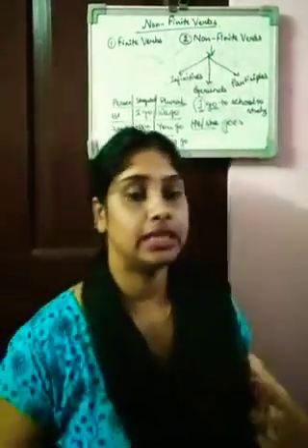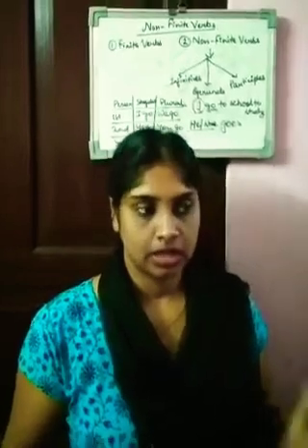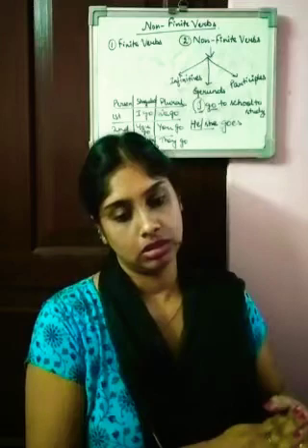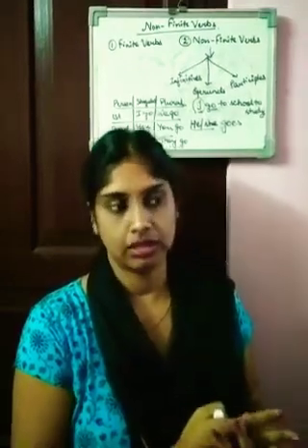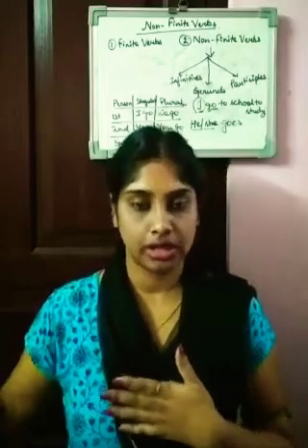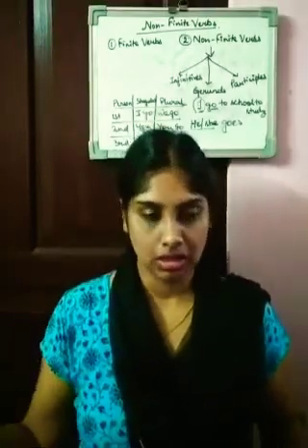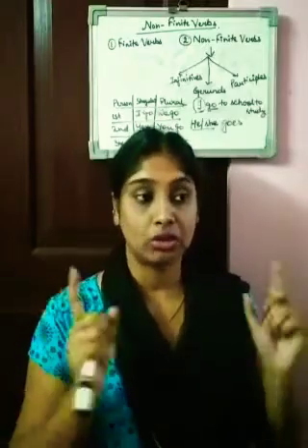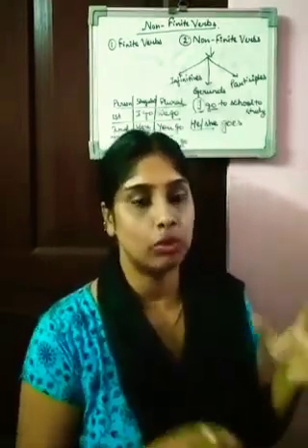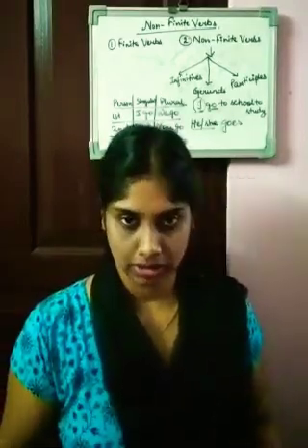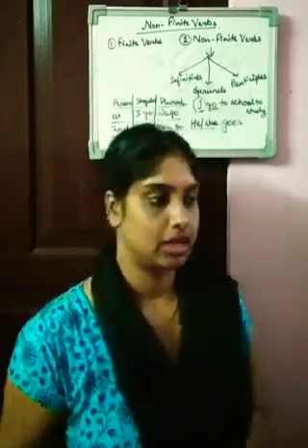When we have our subject in singular or plural, and on the other hand we write some other subject in some other person, then the verb changes. So according to our person or number, the verb accordingly changes. This is clear.